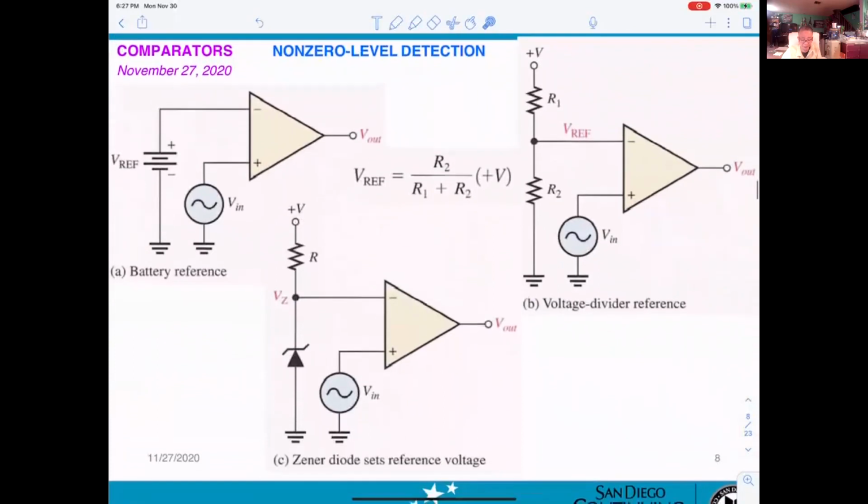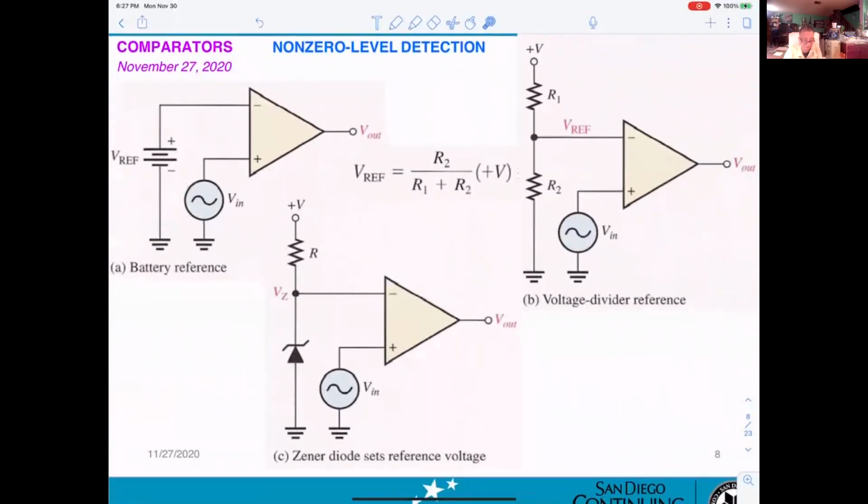Now, they given to you 3 different comparator. First thing, you can say, I know this is a comparator. However, this thing will compare this sine wave with the DC voltage here.